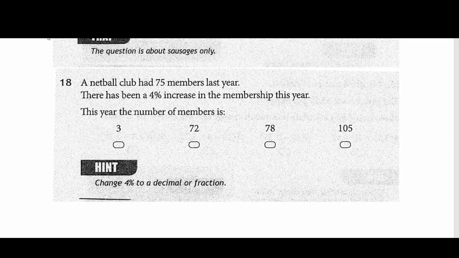This year the number of members is, so it's 4%. 4% is equal to 4 over 100, which is the same thing as bracket 4 divided by 100, close bracket. They're the same thing.